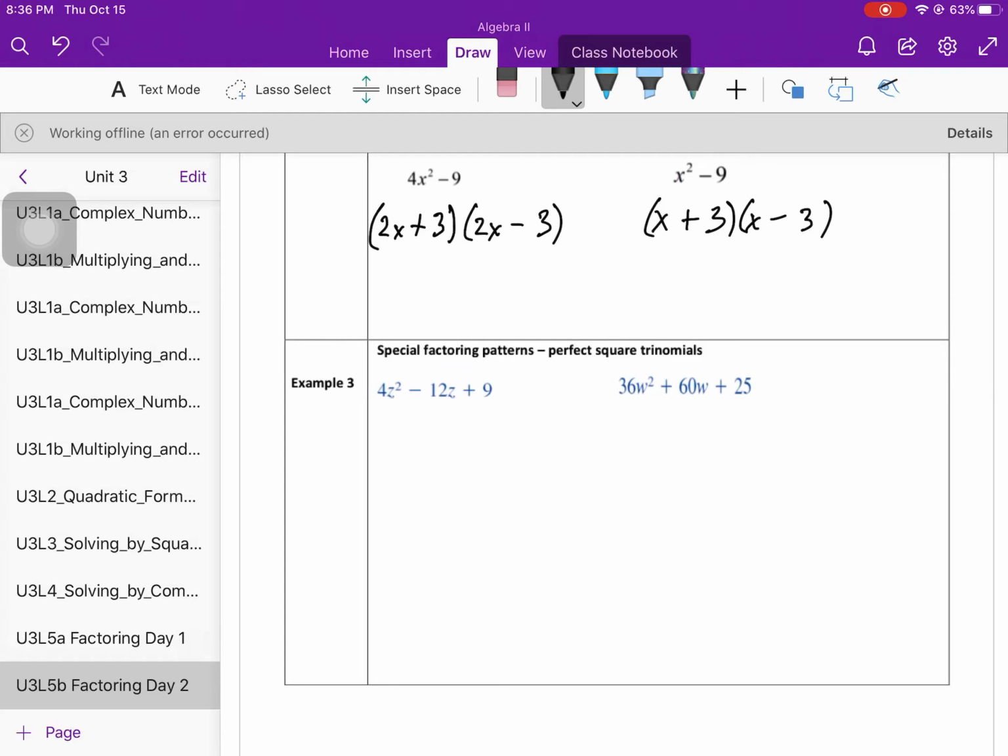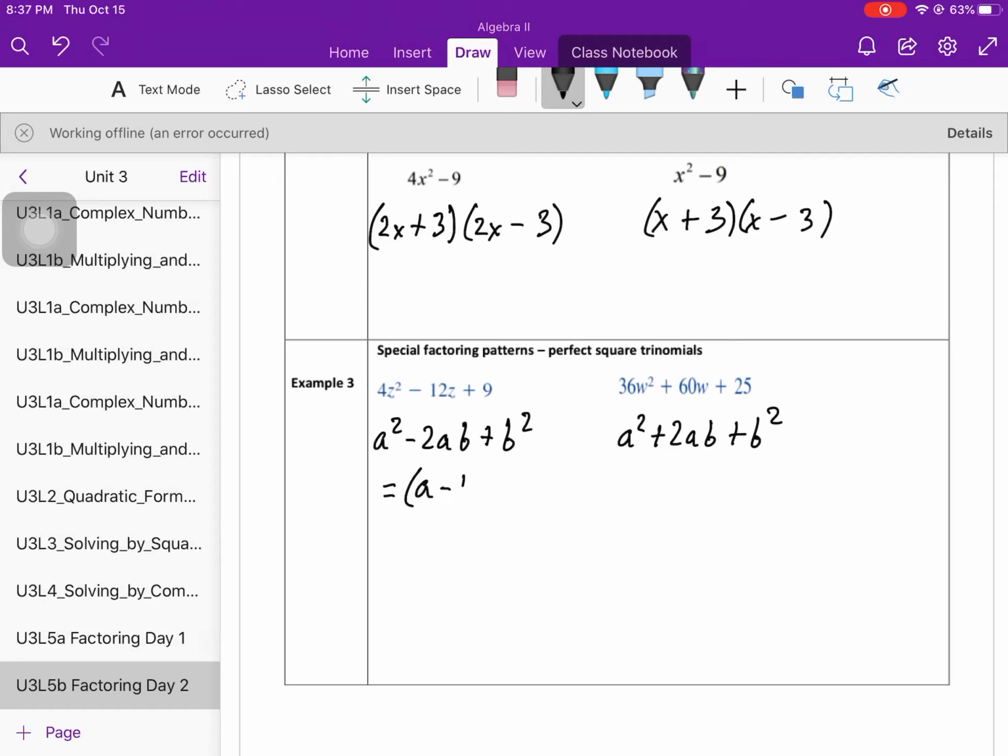Then we also have another special factoring pattern. It's called the perfect square trinomial. I'll do them separately here. So this one is a squared minus 2ab plus b squared. And this one is a squared plus 2ab plus b squared.